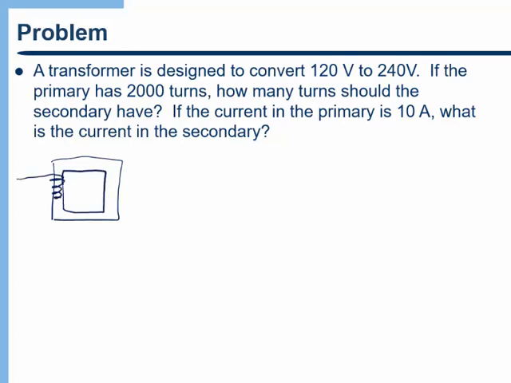We've got a number of turns in our primary and a number of turns in our secondary, so that's N1 and N2. And we know that the ratio of the voltages is simply equal to the ratio of the number of turns.